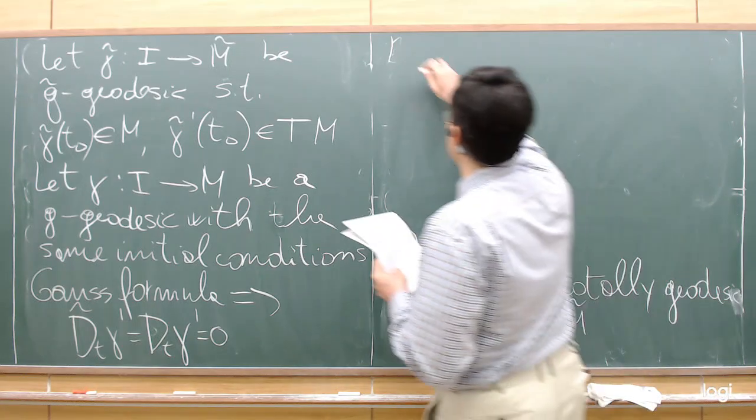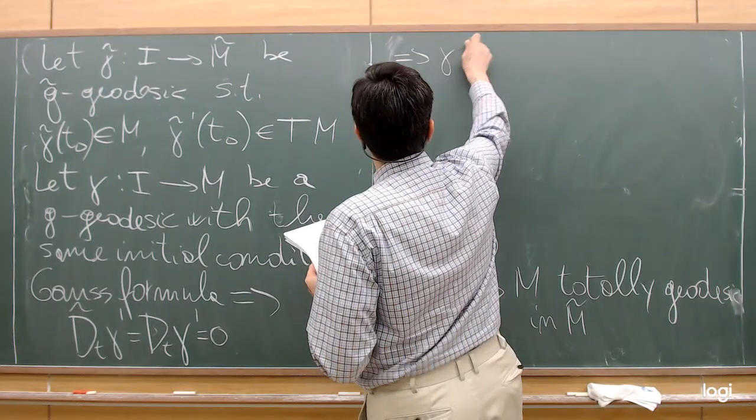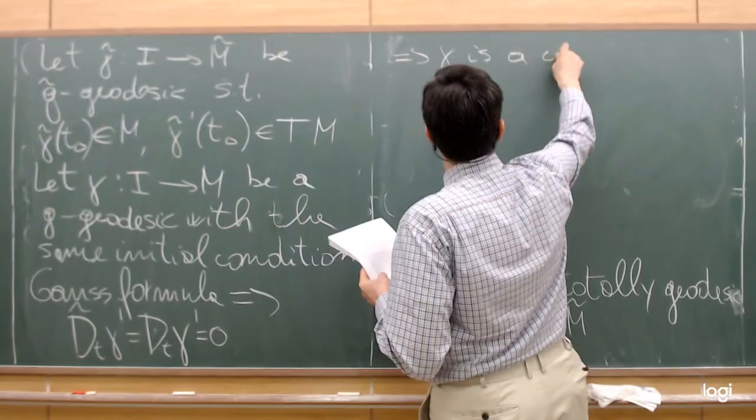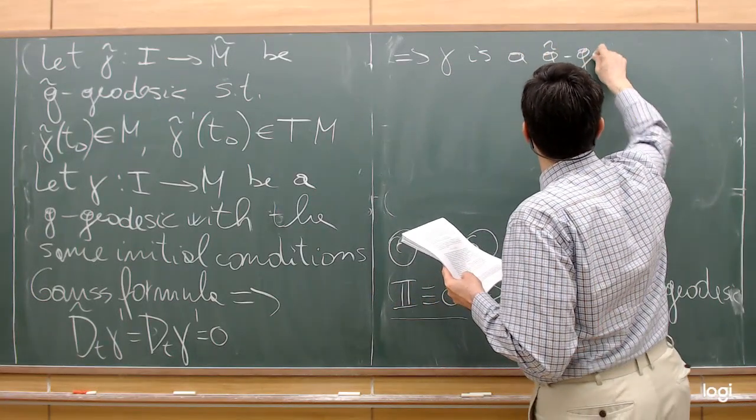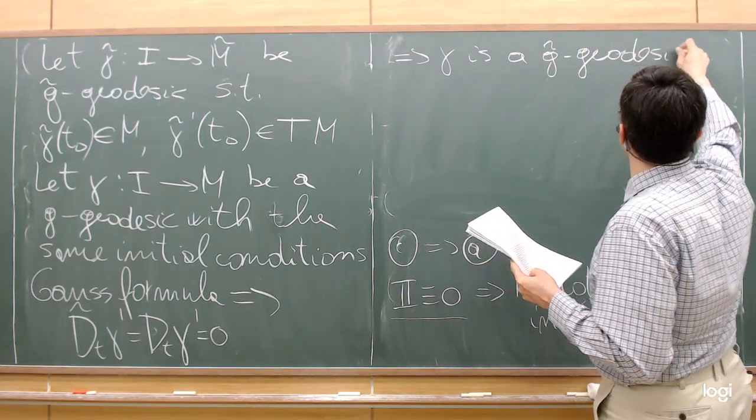And this says that gamma is a G tilde geodesic.